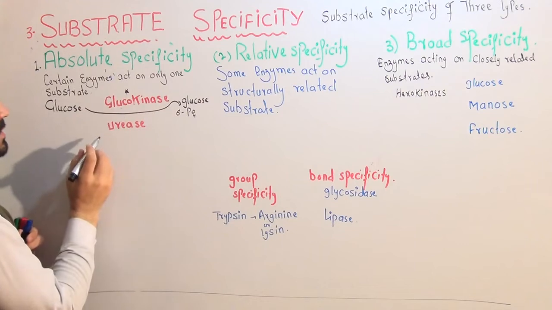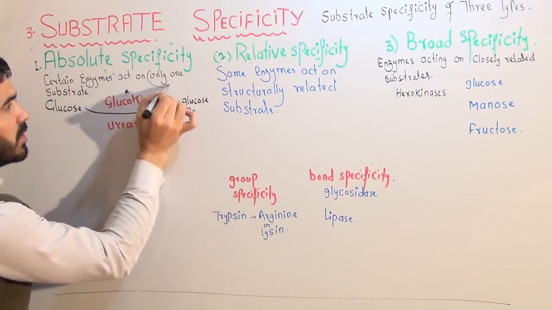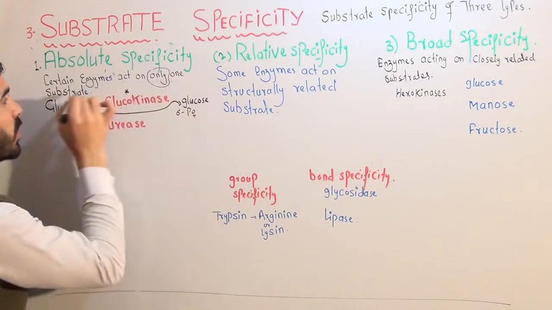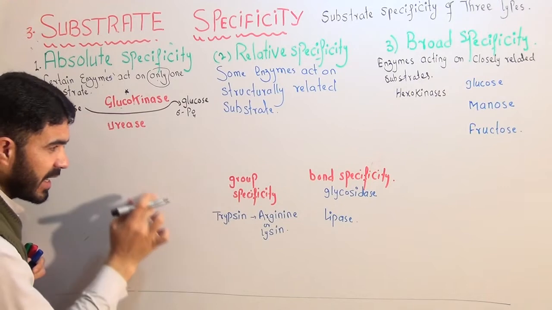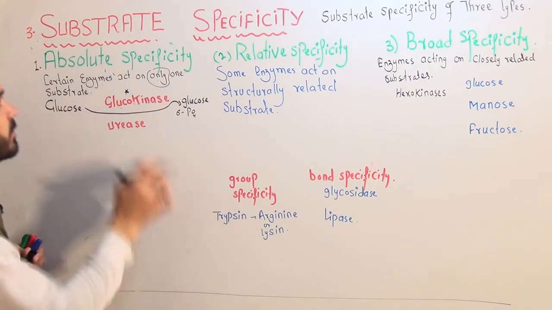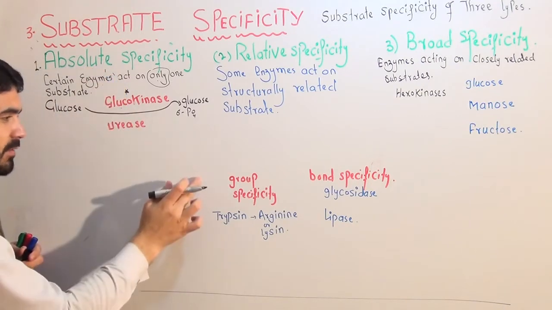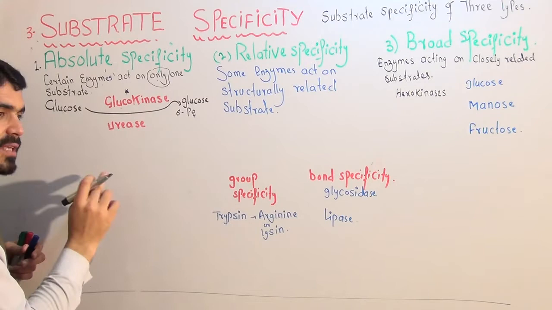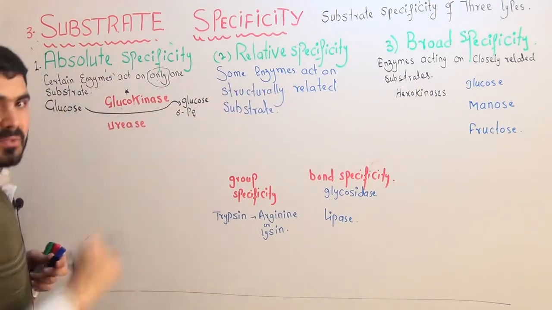In absolute specificity, the enzyme acts on only, you can see the word only here, only one substrate. The example that I mentioned here is quite enough for this definition, because one enzyme is acting on only one substrate.